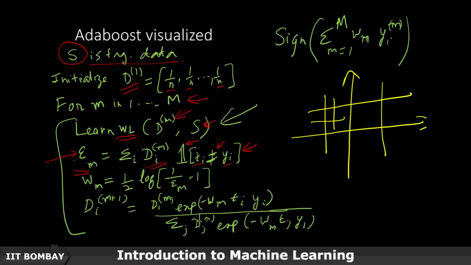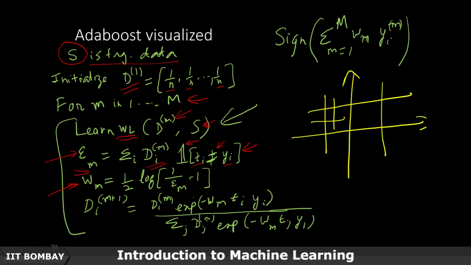We will take the inverse of the epsilon, which means that we will have high weight for those models that have low error. We are not going to have a high weight for those models that have high error. So now this gives us the model weight.